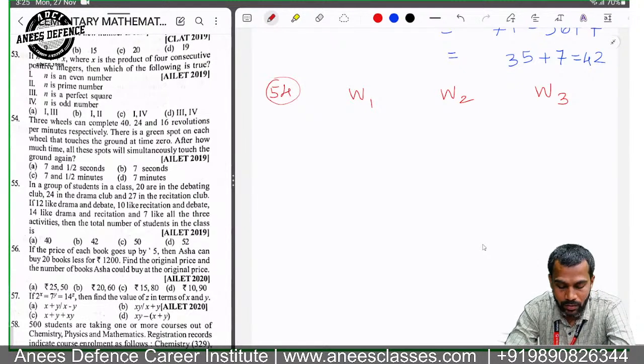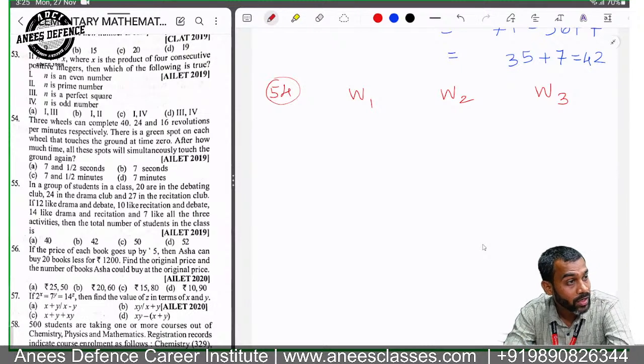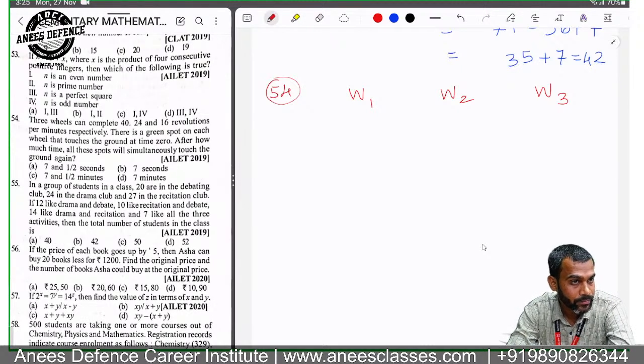Could you just find out? It is very easy. See, 40 revolutions in 1 minute. So in 60 seconds, 40 revolutions. So for one revolution, how much time is needed? 60 by 40? Yes or no?